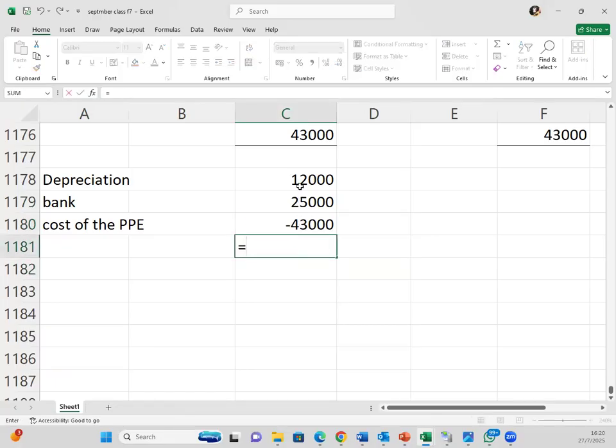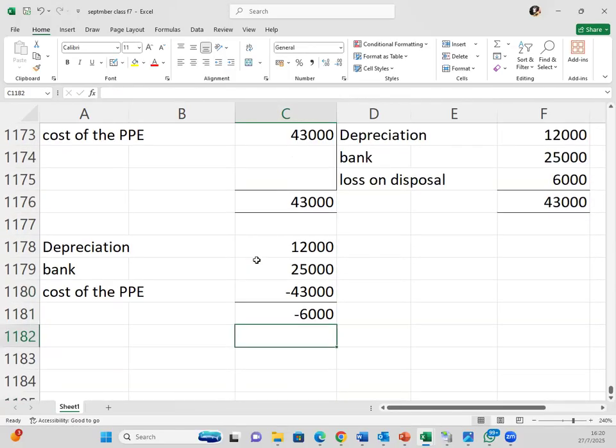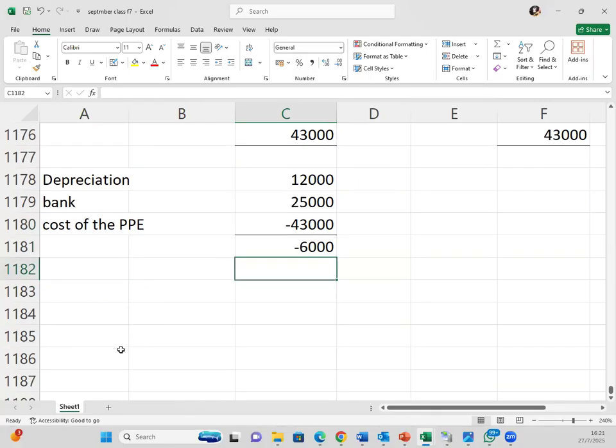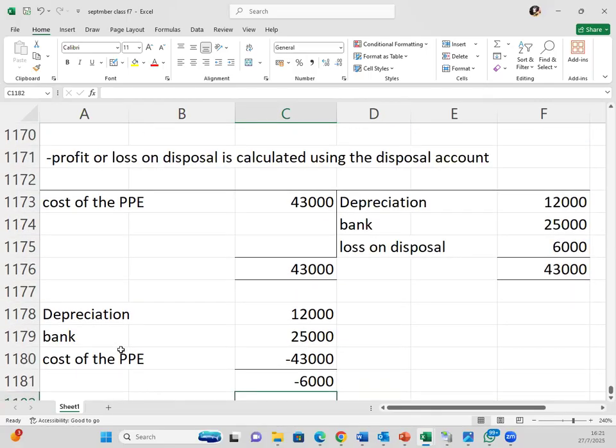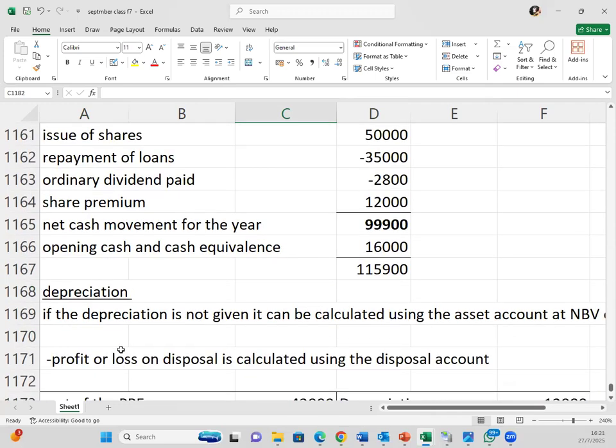So it means the balancing figure here, if it's a negative, it's a loss. Positive, it's a profit. So there's a loss on disposal. Either way, it's still fine as long as you manage to get the correct answer.